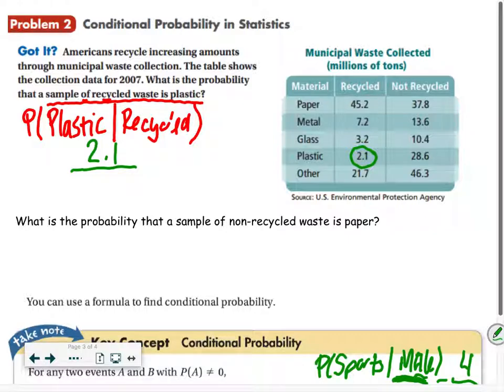Recycled. So I have to add up all my recycled. And how much was that? 79.4. Yep. If I divide, your probability would be 2.6%. Good.